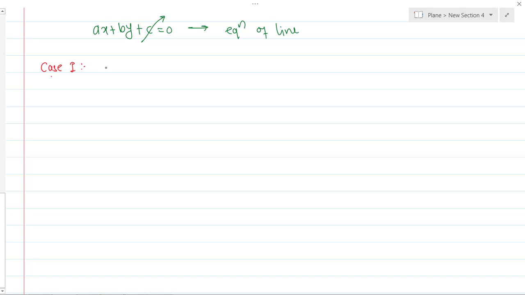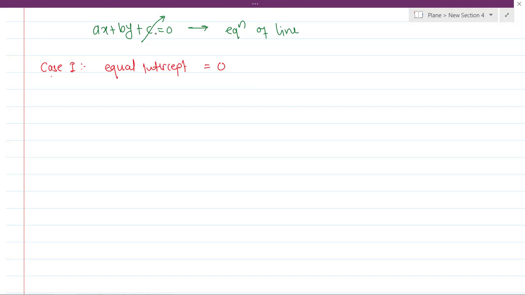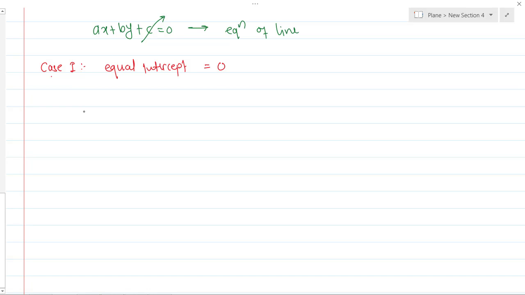The equal intercept equals to 0. Okay, so in that case what will be the equation of the plane? It is nothing but ax plus by plus cz plus d नहीं आएगा, it is directly equals to 0. Yes, it's directly equals to 0.